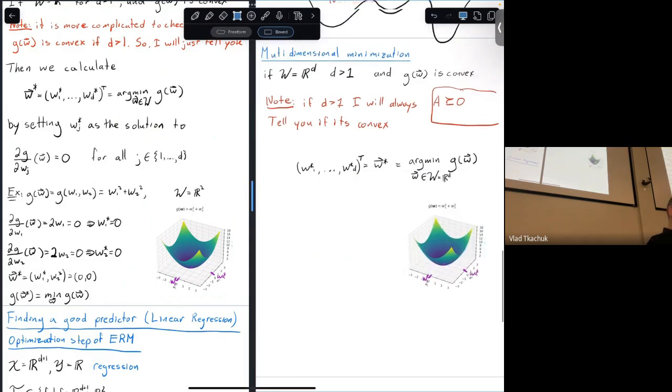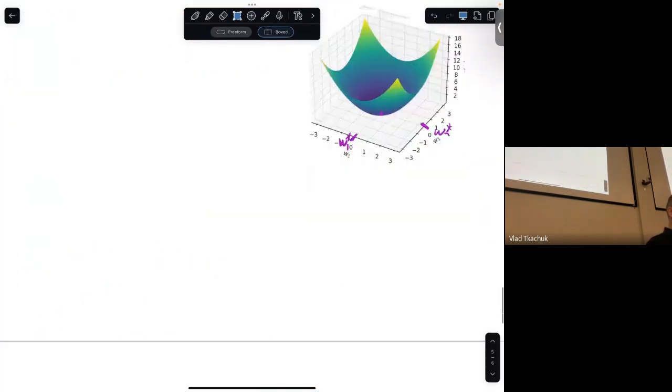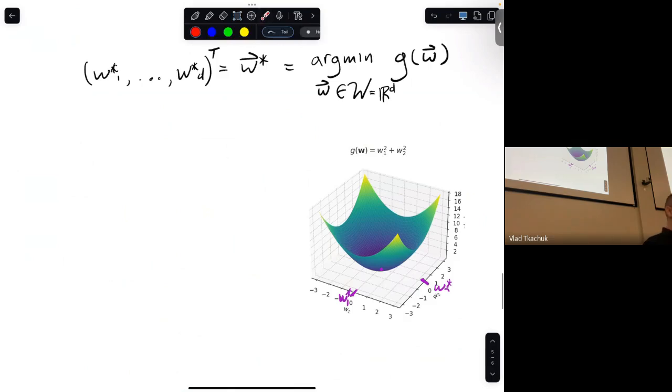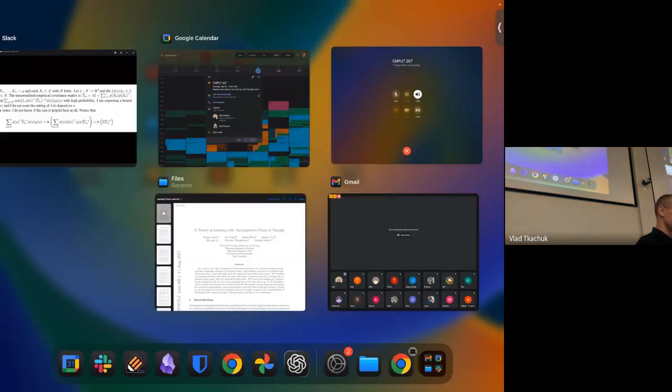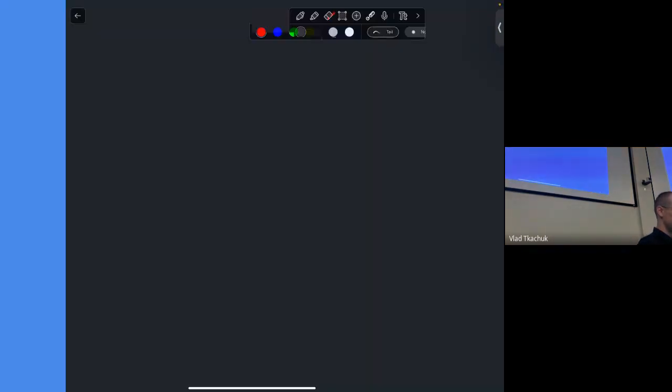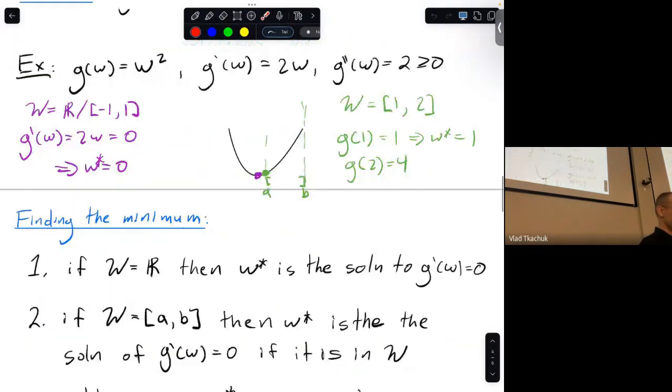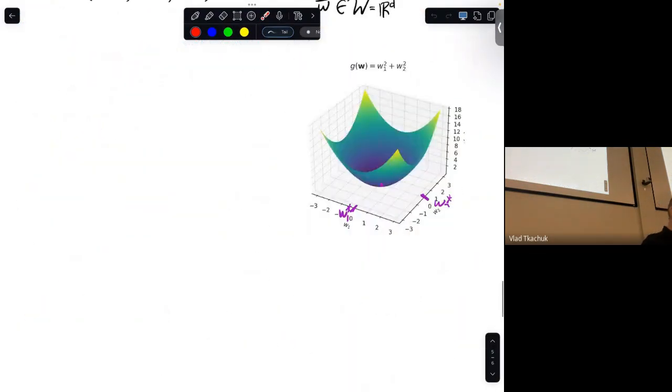Okay. So here d is 2. And now instead of having a parabola, the only way I know how to fix this is to close Notability and reopen it. Okay, back to business. So instead of just having a 1D parabola, we now have this 2D bowl-shaped thing.